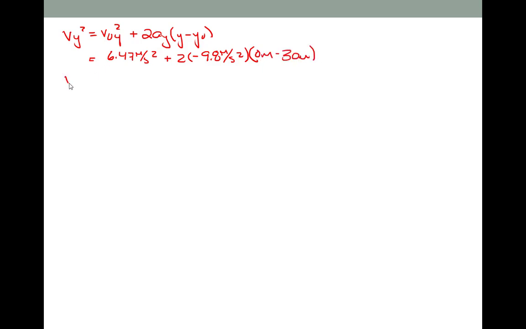If you work that all out, you get Vy equals plus or minus 25.10 meters per second. But if we think about what the projectile is doing, it's starting on a cliff and coming down, and right before it hits the ground, it's heading downward. So our correct answer is negative 25.10 meters per second.